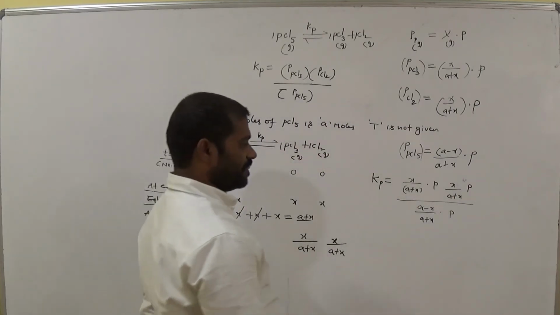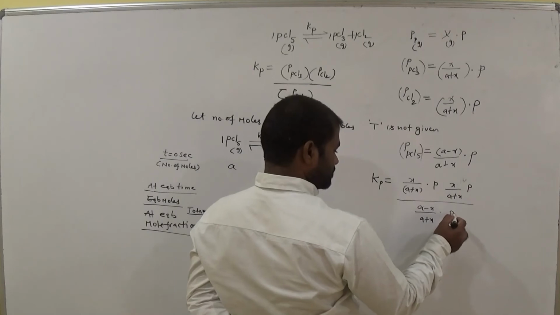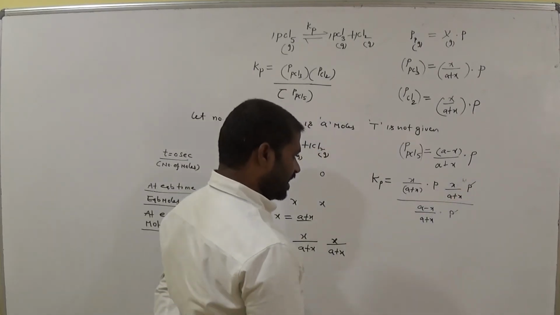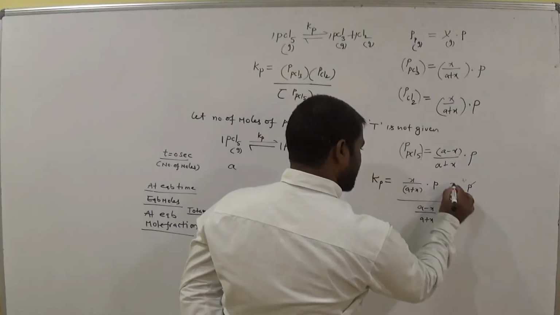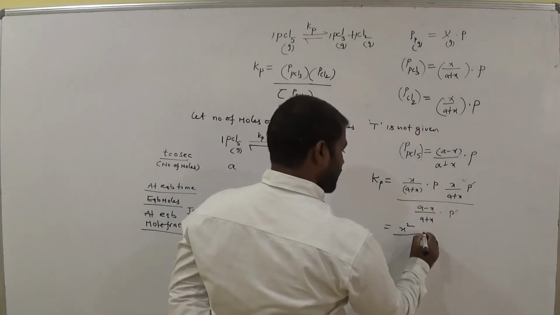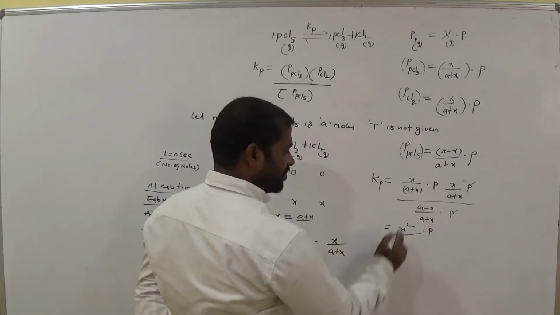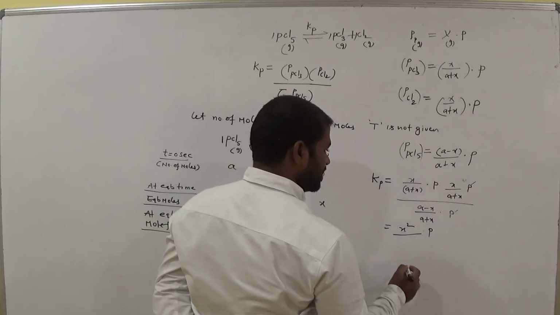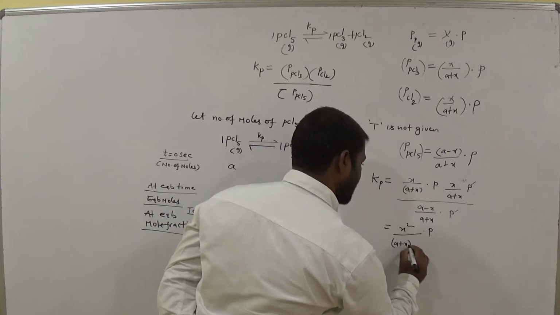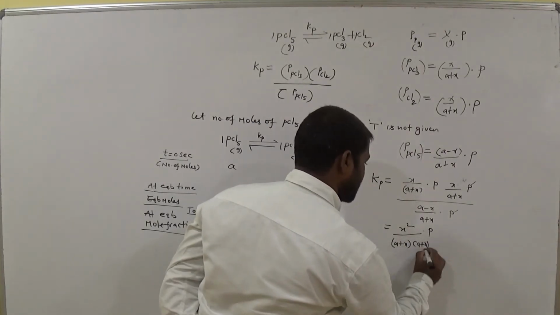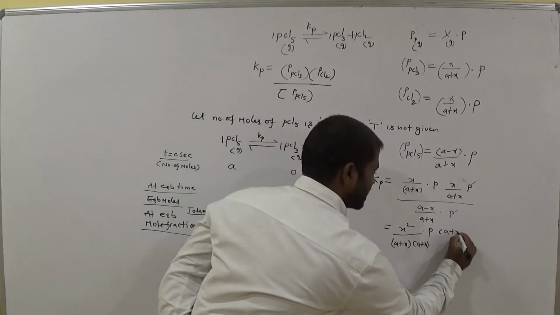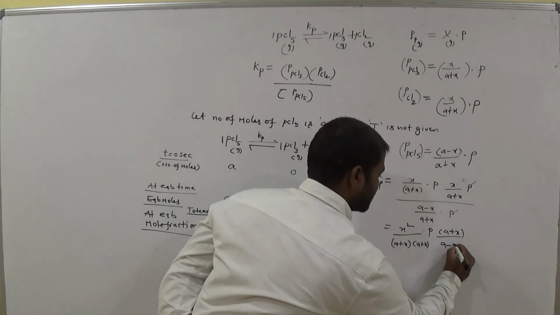Is it clear? So now P and P cancel or not? Cancel, and we get x into x, x square, by (A plus x) into (A plus x). The term in the denominator undergoes reciprocal, so it becomes (A plus x) by (A minus x).